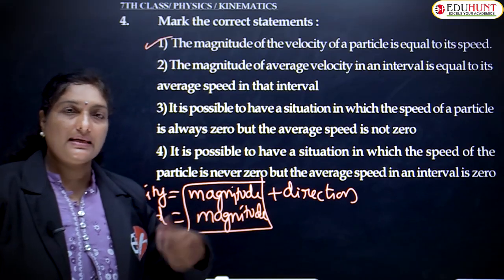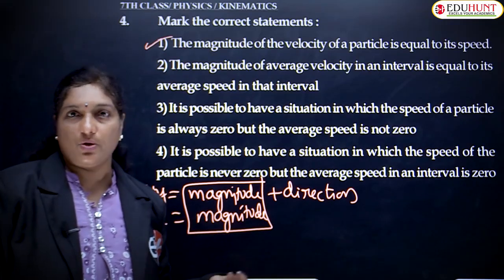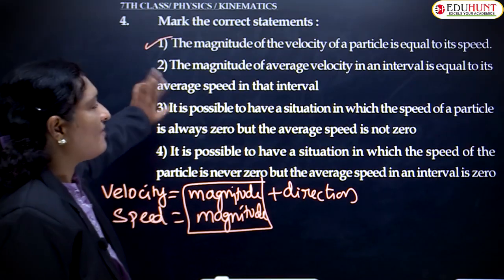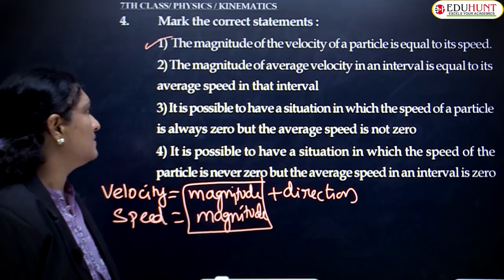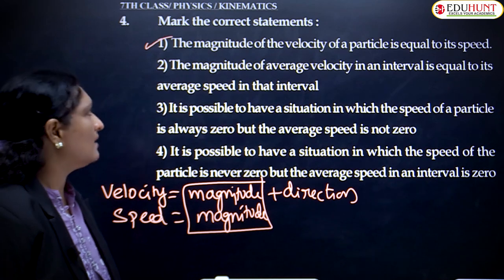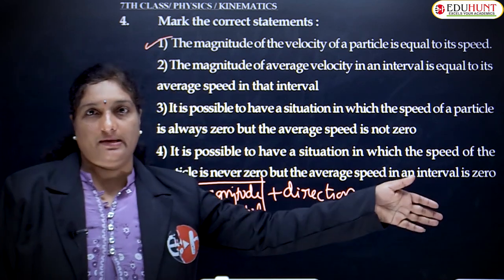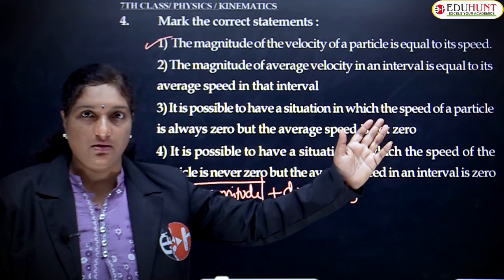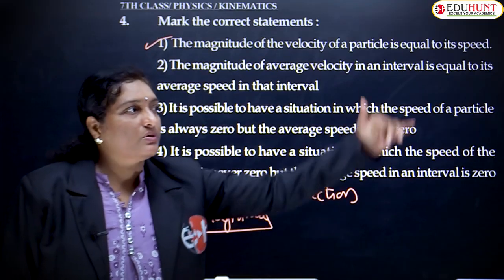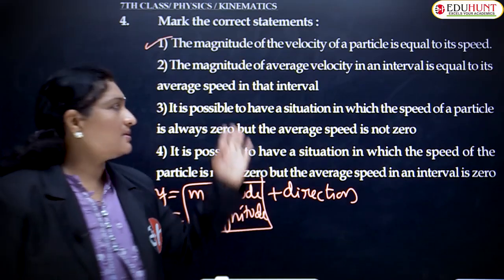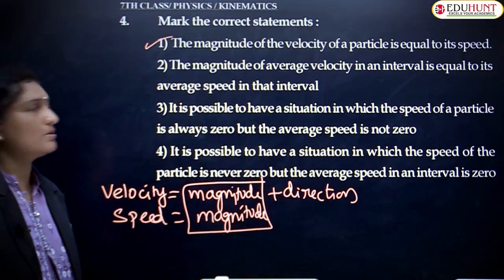So the magnitude of average velocity may not be equal to average speed. It can happen only if the body travels in a straight line in one particular direction. If a body moves in forward direction and comes back, or in some circular direction, then this second case may not be possible.